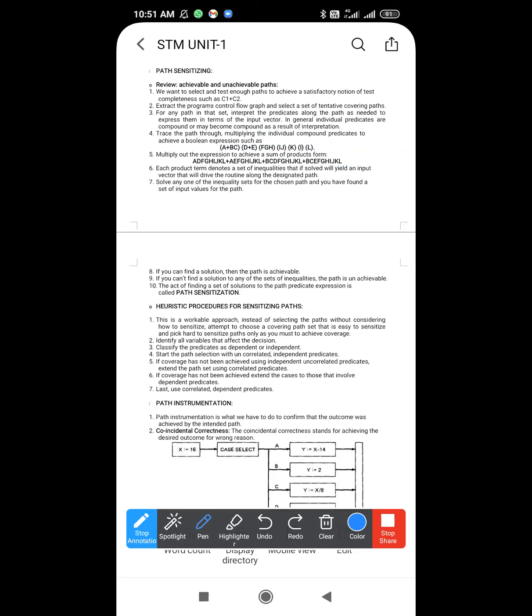Okay, here each product term denotes a set of inequalities that is solved to yield an input vector. And also if we find a solution, then the path is achievable. If you can't find a solution to any of the sets of inequalities, the path is unachievable.